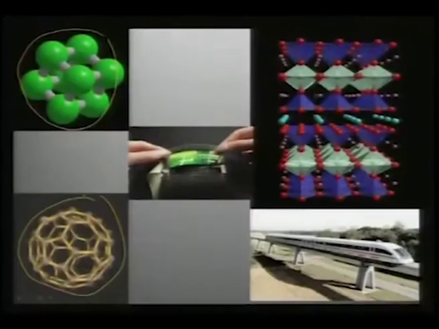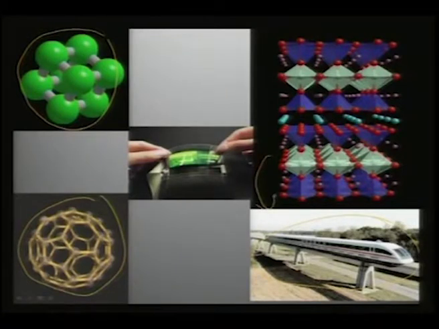For example, this is an application of a magnetically levitated train which has come from the basic understanding of superconducting solids, which were not existent. These are not available in nature, but by knowing the structure and property, you can make these materials.